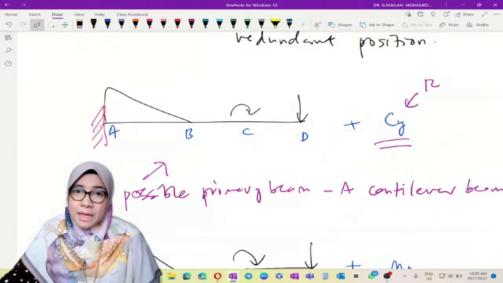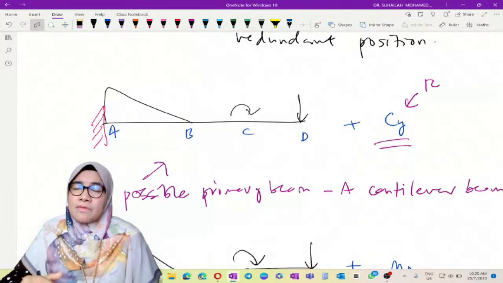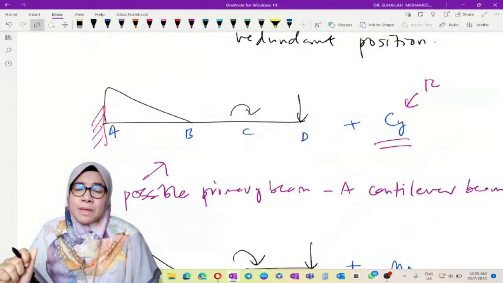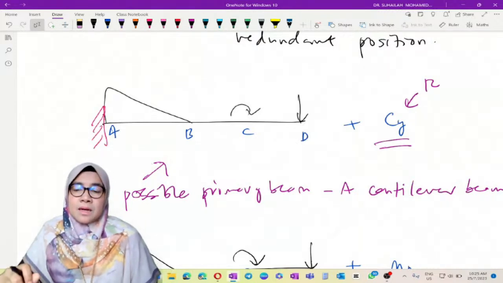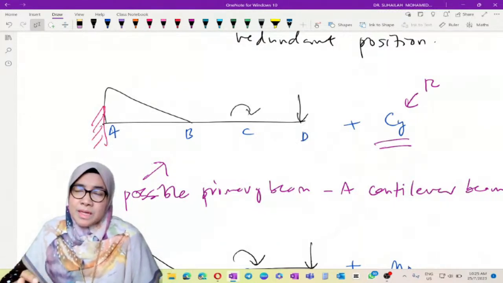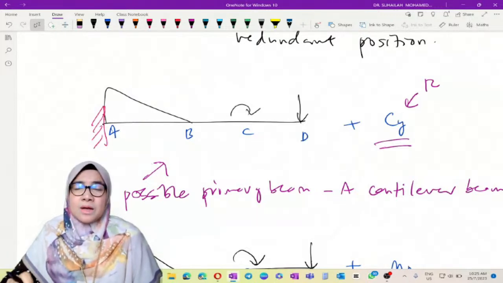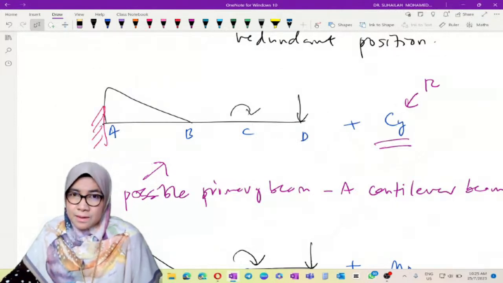Whenever we remove the redundant, we have to make sure that the beam after removing the redundant, which we call the primary beam, is determinate and stable, and in the primary beam the external loading remains. We just remove the redundant.